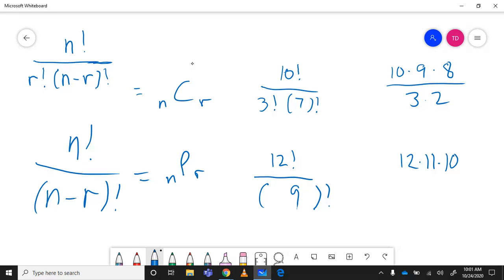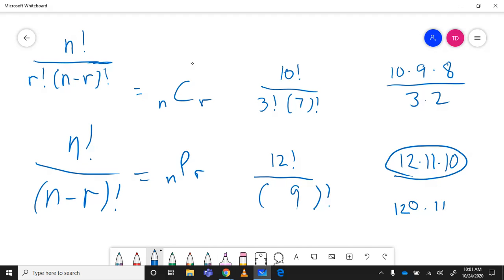Okay, so 12 times 11 times 10 is going to be equal to 12 times 10 is 120.